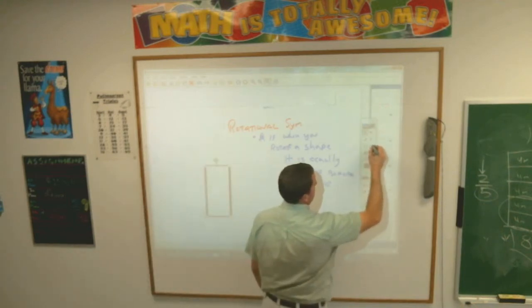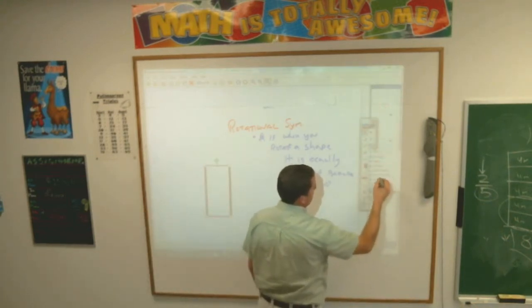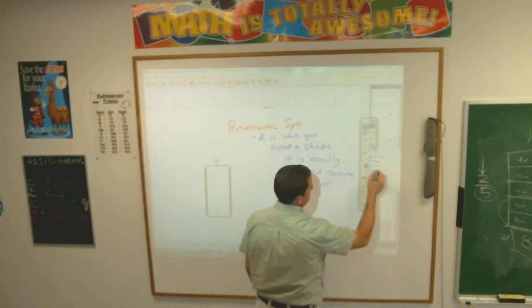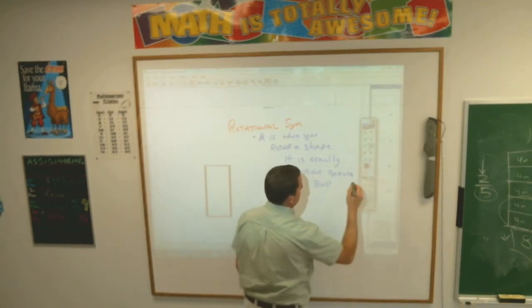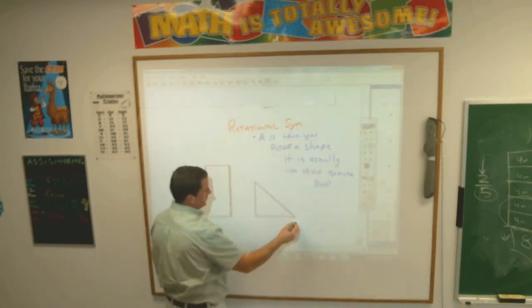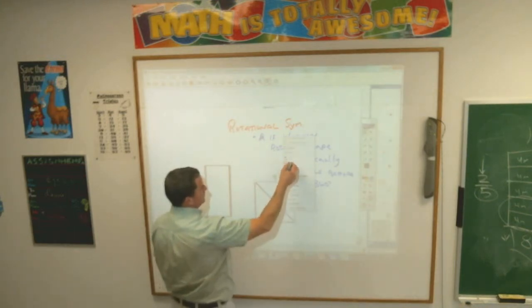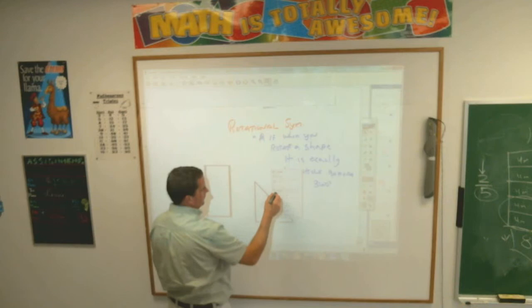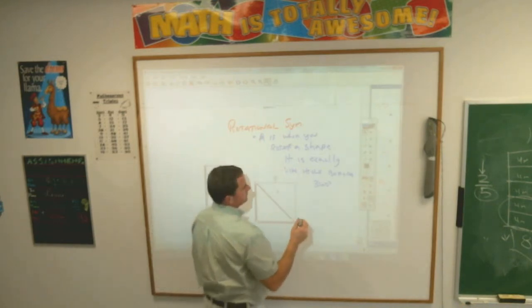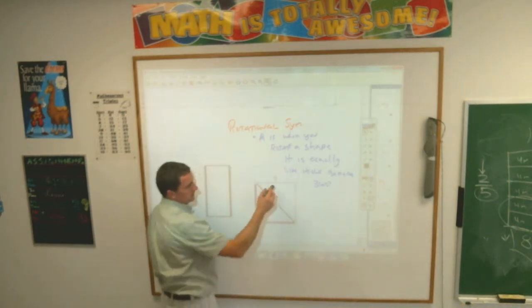If it was, let's do a triangle. Or a right triangle, I guess. Does this have rotational symmetry? Now let's think about it.